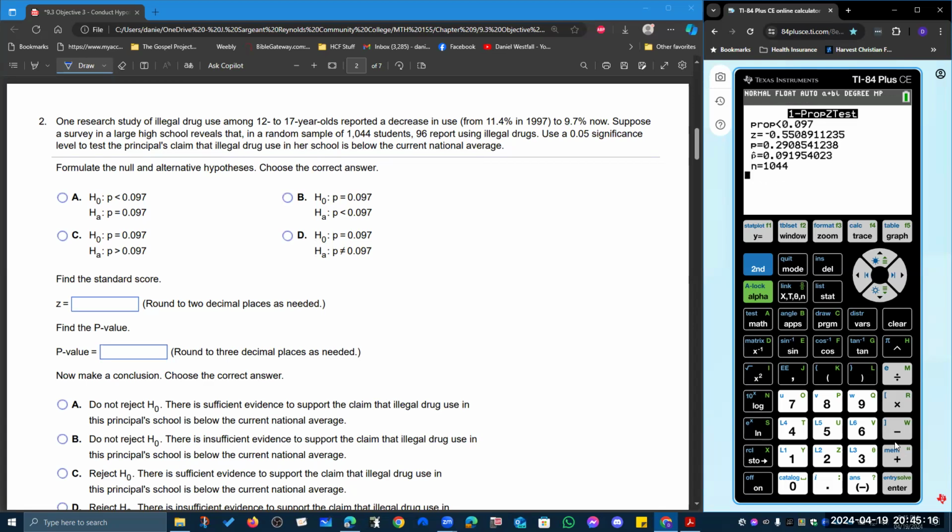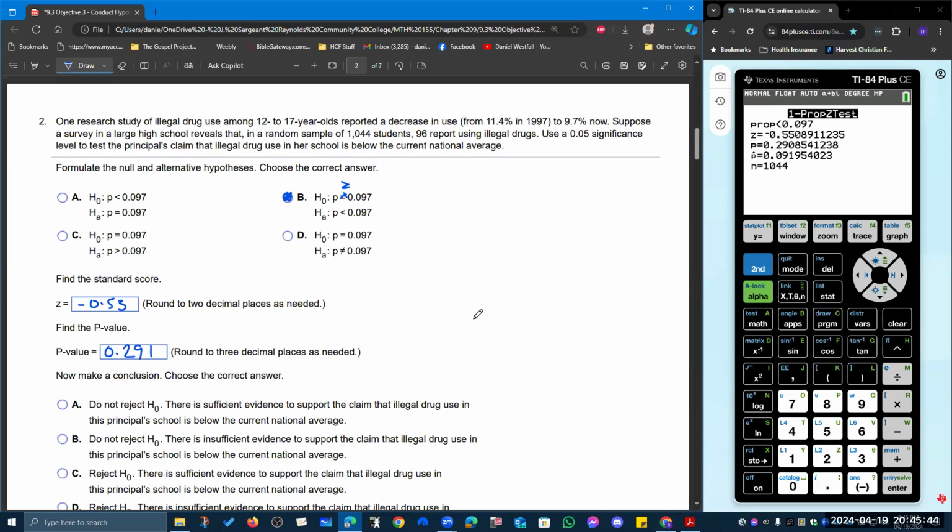And below, and this should be greater than or equal to, and this is negative 0.55, and our p-value is rounded to 3 decimal places, 291. There we go.